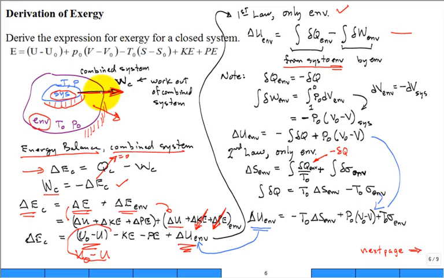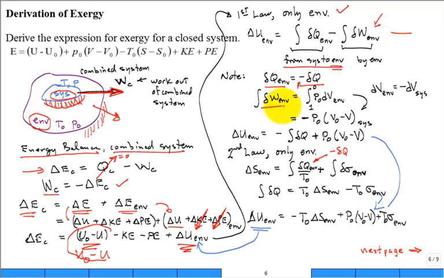But it's coming out so that this work right here is really only this pushing of the system as the system expands into the environment. Or it could be negative if the system contracts from the environment.